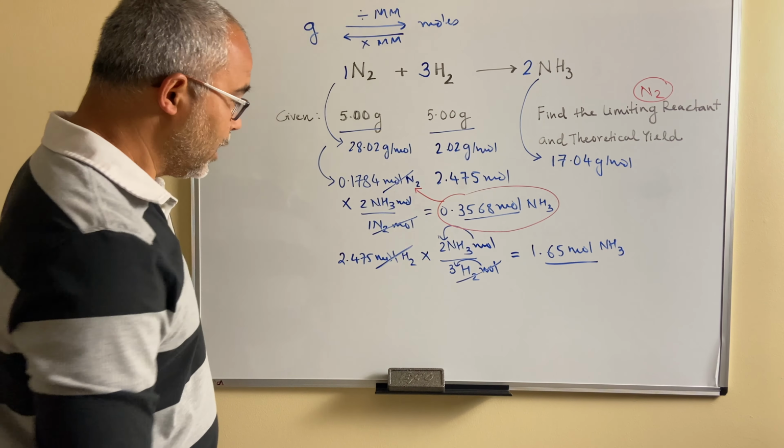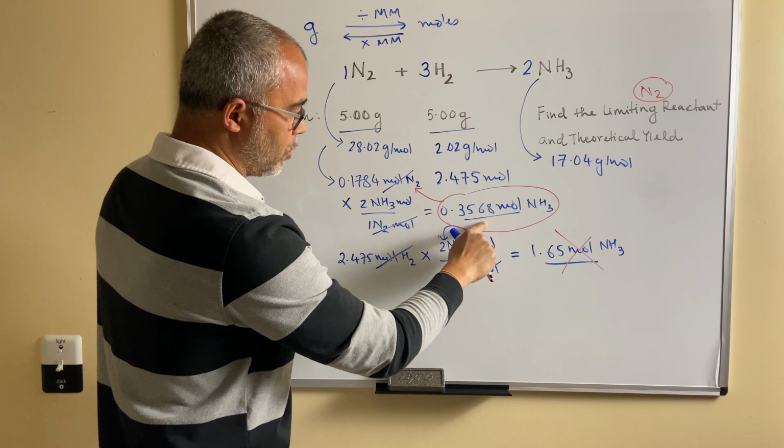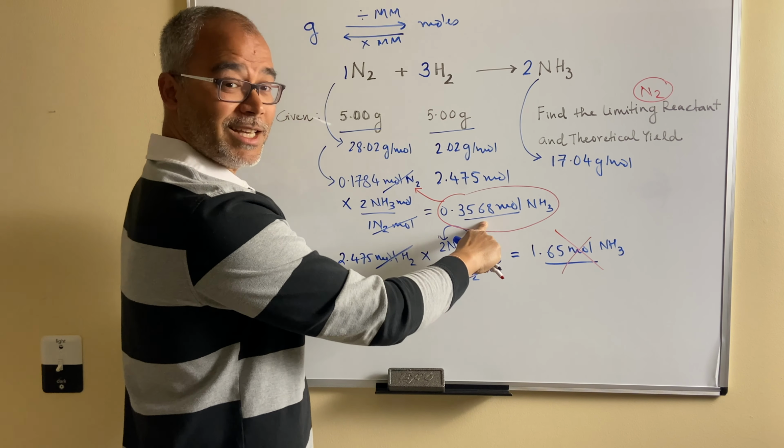So to calculate the theoretical yield, number one is we're going to work with this, not with this, by the way, because that's too much, okay? We're going to work with this. So what we're saying is that if we used up all the 5 grams of reagent, we'd produce 0.3568 moles NH3.